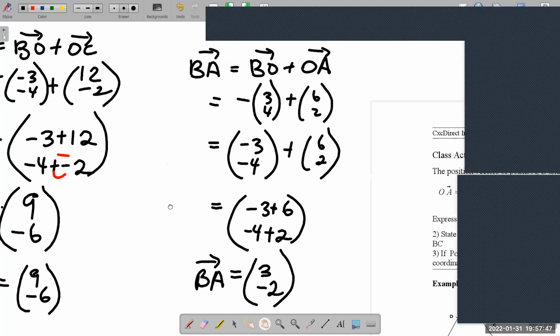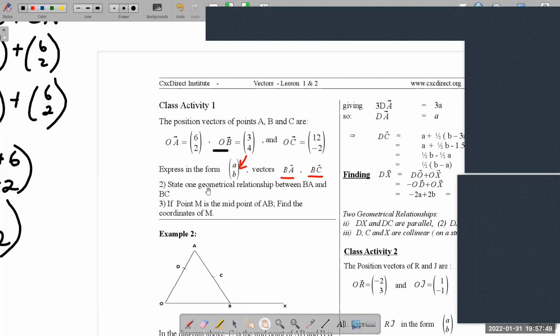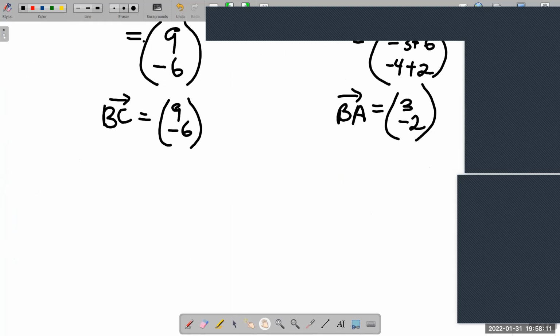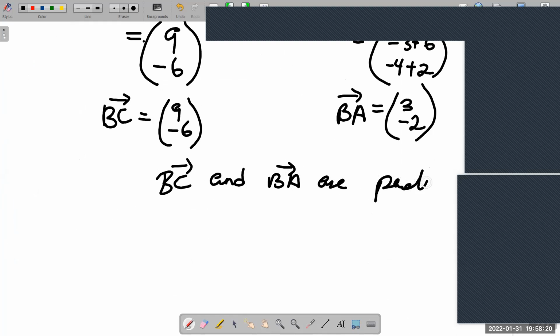So let's look at what the next question is. State one geometric relationship between BA and BC. Boom. What is the relationship, guys? The two vectors are what? Say it for me. What is going on between the two vectors? Excellent. So what you would do, even though they didn't say prove it, you must say BC and BA are parallel.